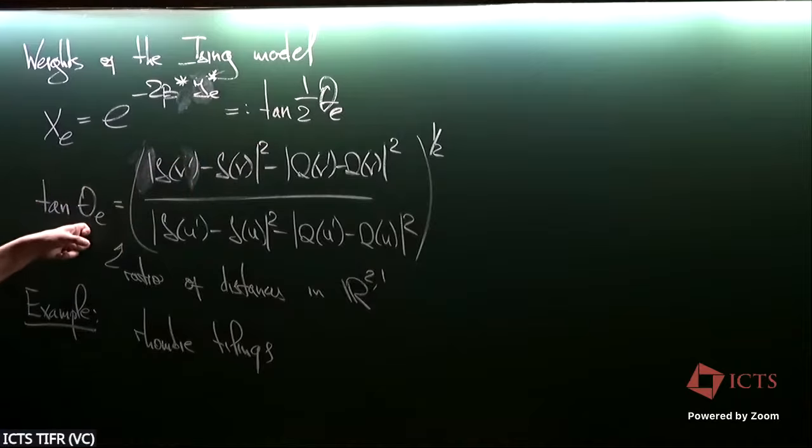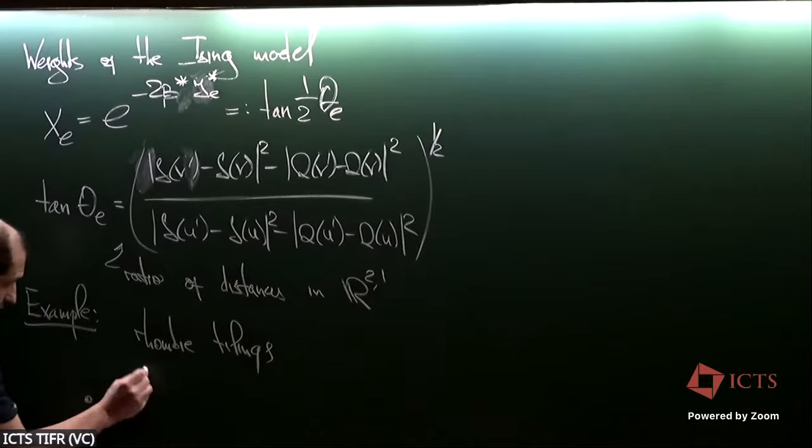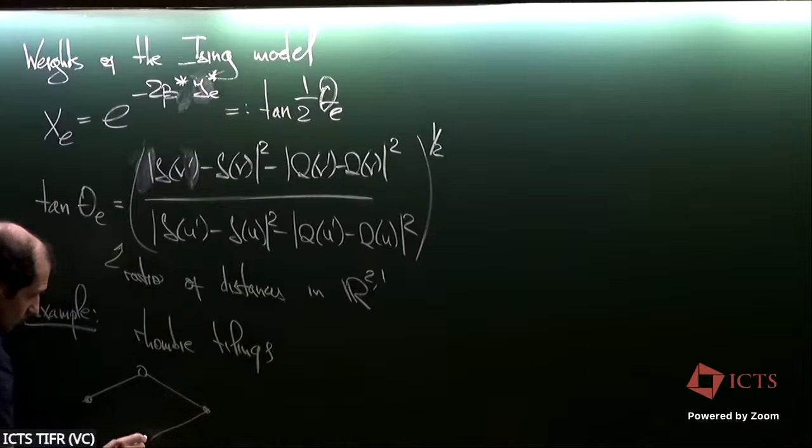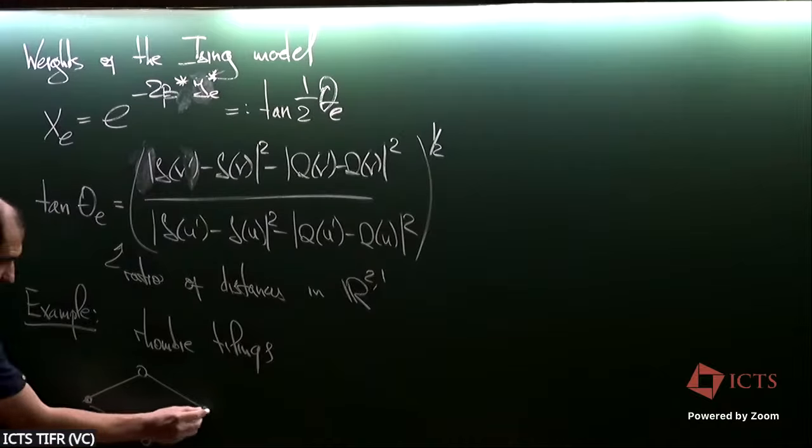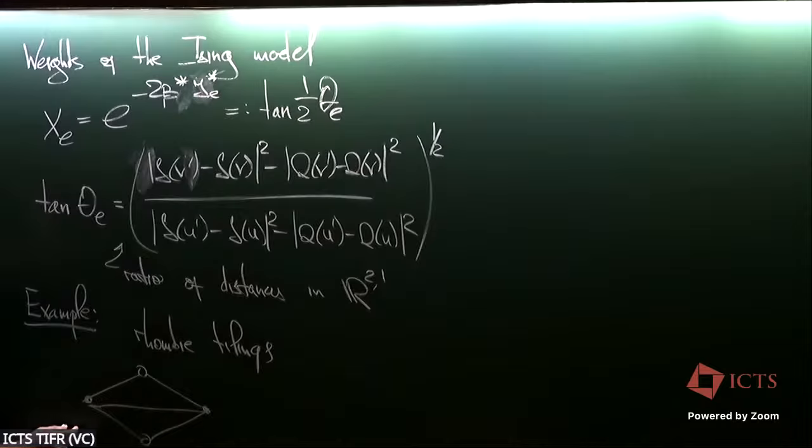And when you start with rhombic tilings, then basically you have two white guys at the same height. You go up, down, but these guys are at the same height. These guys also at the same height. And what happens is that you just measure distances in the plane.